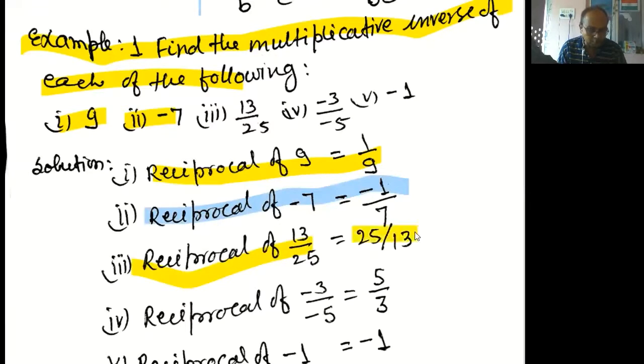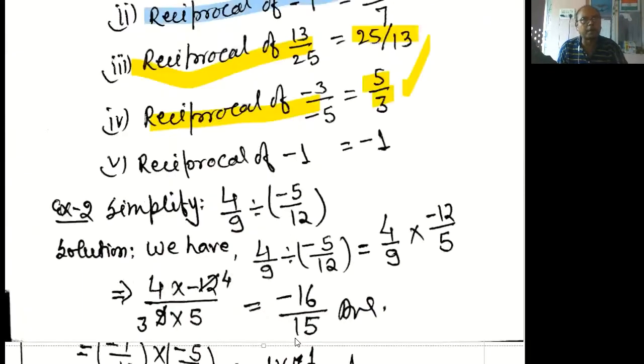And reciprocal of minus 3 upon minus 5 equal to, here the numerator and denominator both are negative, so it changes into positive form, equal to 5 upon 3. And reciprocal of minus 1 equal to minus 1.